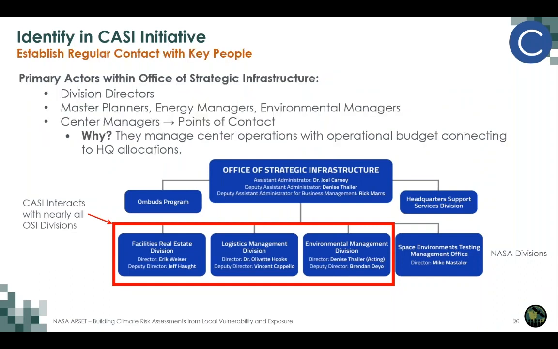Our primary stakeholders are division directors managing these at the headquarters level, but also master planners, energy managers, and environmental managers at different centers who work under these divisions. These managers connect headquarters allocations, priorities, and budgets to center operations.